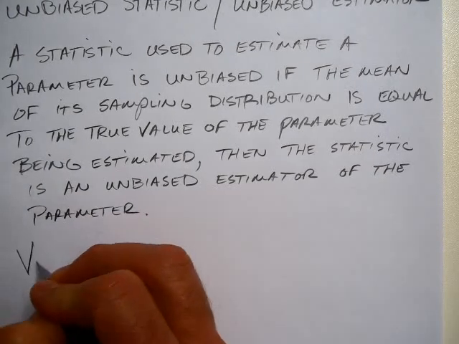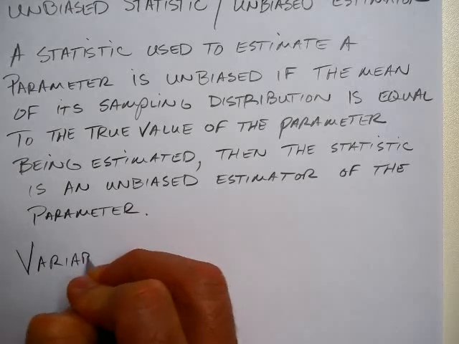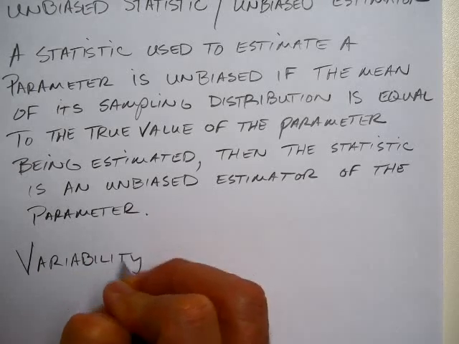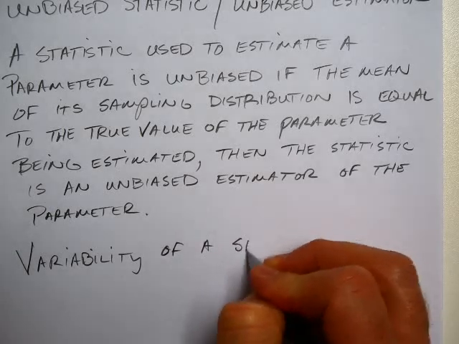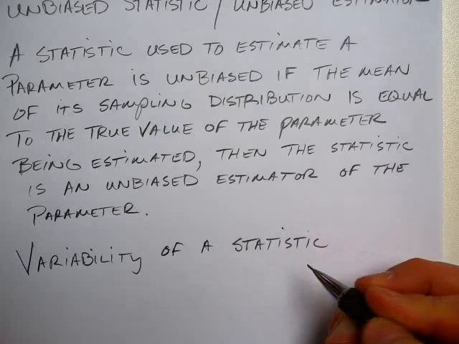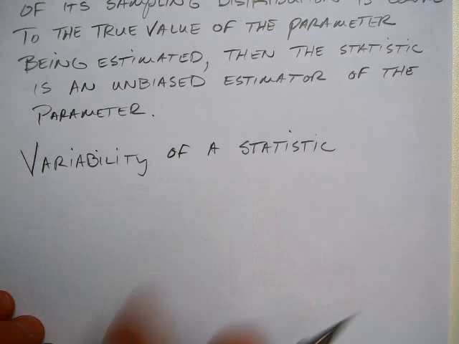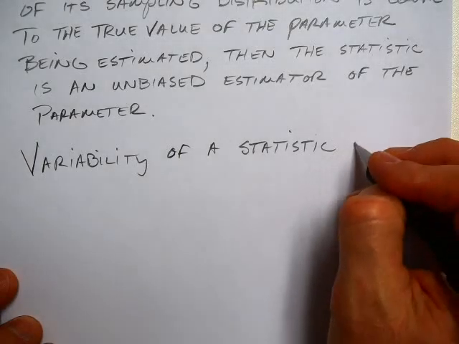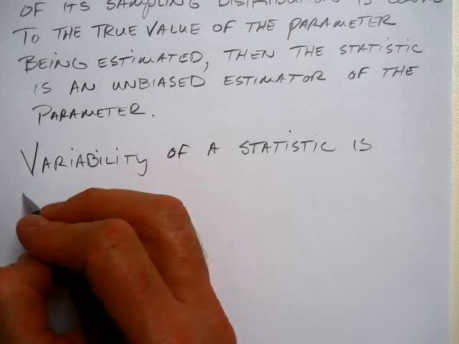Variability of a statistic, how far away it is from the true mean is sort of a way of thinking of this. Variability of a statistic is described by the spread of the sampling distribution.